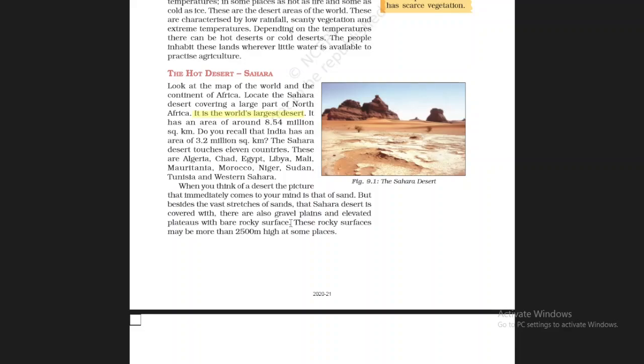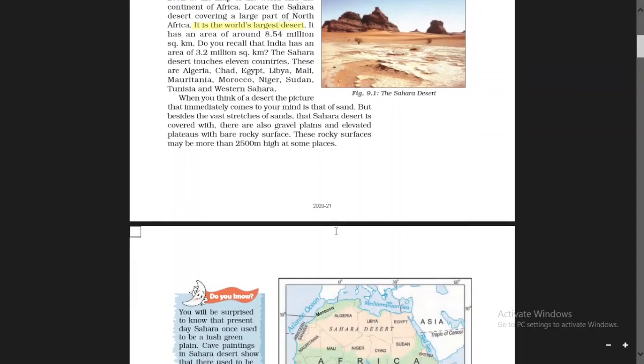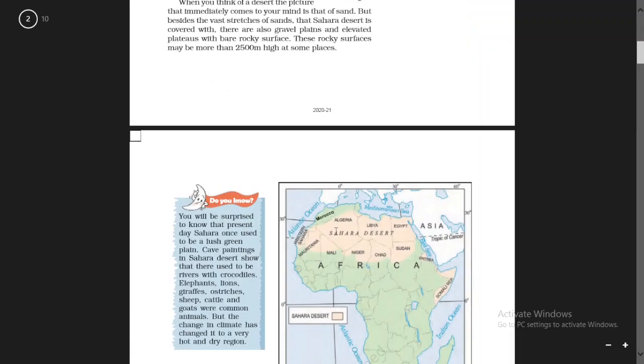So elevated plateaus are there with bare rocky surfaces, full of rock. These rocky surfaces may be more than 2,500 meters high at some places.